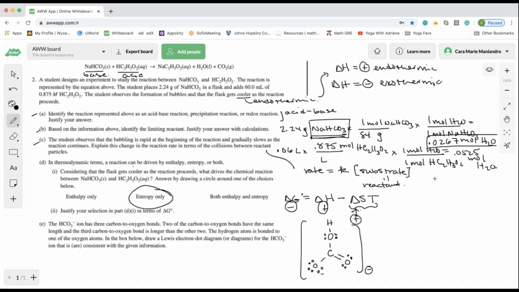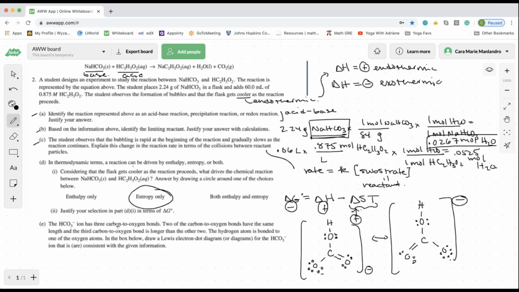So we can draw an equally favorable structure where the other oxygen has the double bond, and the right one now has the extra lone pair. Now this one is the formal charge, and we're still overall negative.